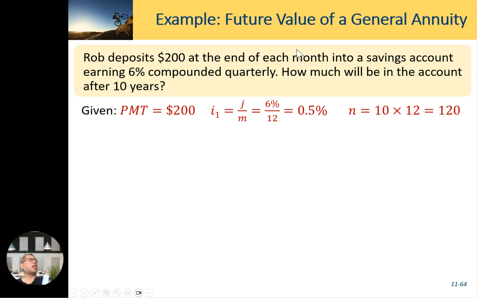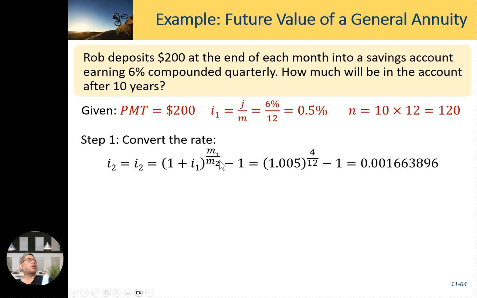This is each month. That's the key part. This is a little bit tricky because there's an each month here. Deposit each month. So 6% divided by 12 is 0.5%, and times 12 is 6%. So the first step will be to convert the rate I1.